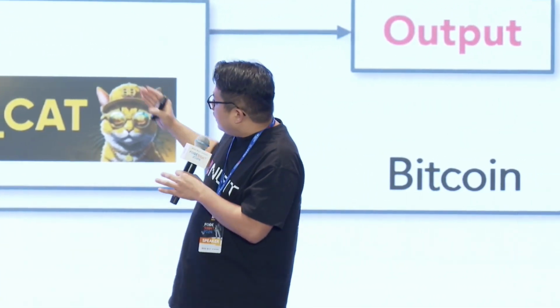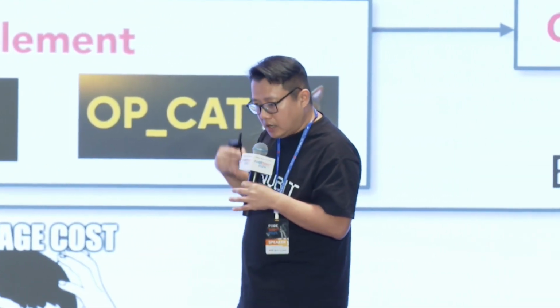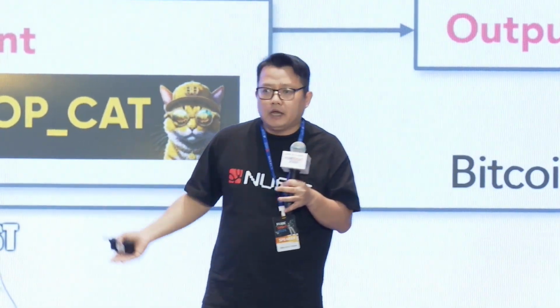So in here, as you can see, the whole path actually gets connected in the sense that we have applications, and we also have a path that allows the application data to get settled on the Bitcoin.